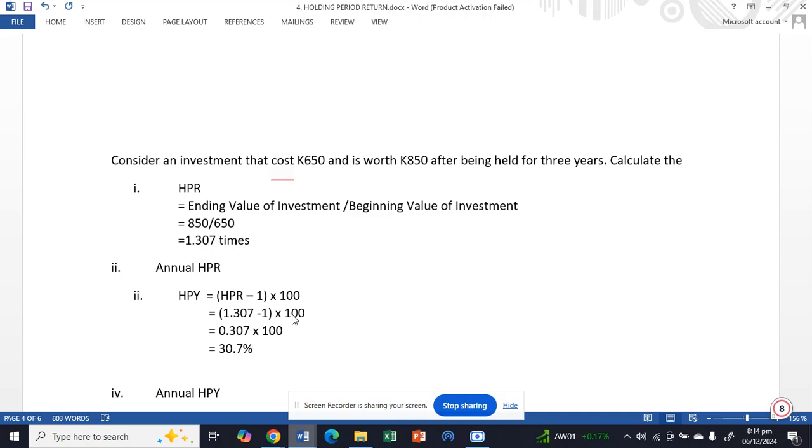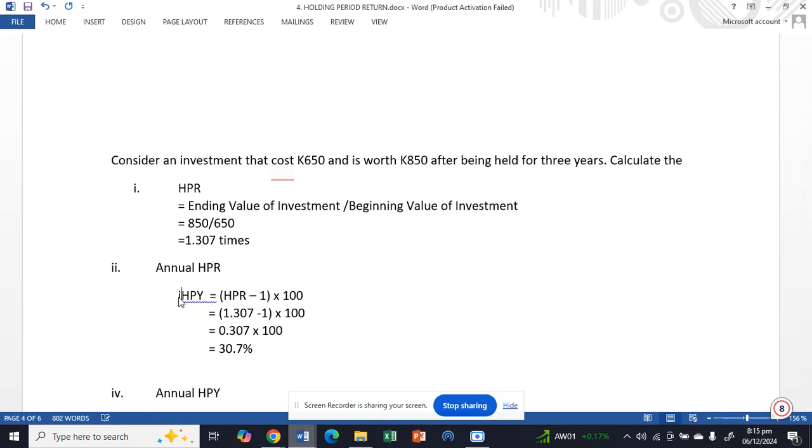So basically, after holding our investment for 3 years, it grew by 30.7%. Okay. So this 1.307 is the same as 30.7%. This is in numerical terms, and this is in percentage format.